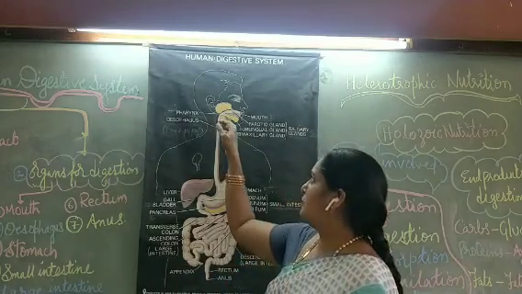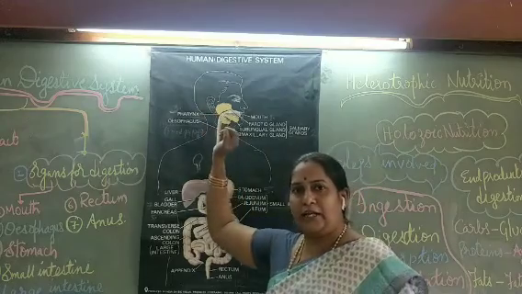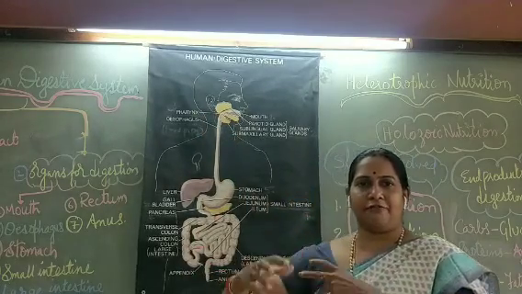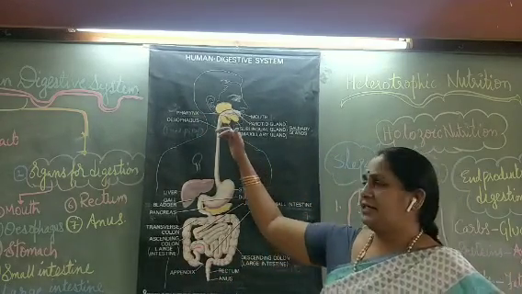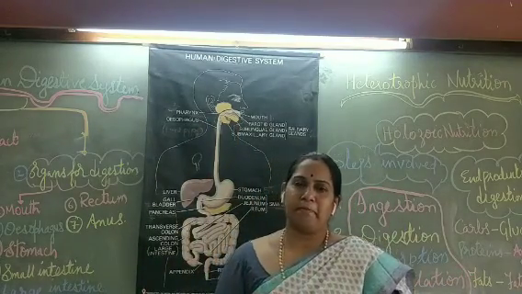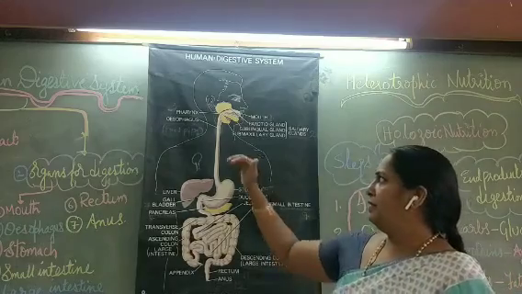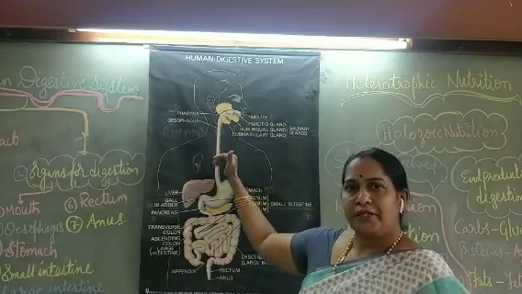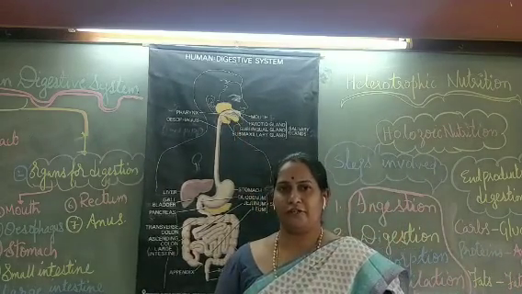The saliva enters the oral cavity and mixes the food thoroughly, then the enzyme present in the saliva breaks starches into simple sugars, and then the food enters the next part called the esophagus.